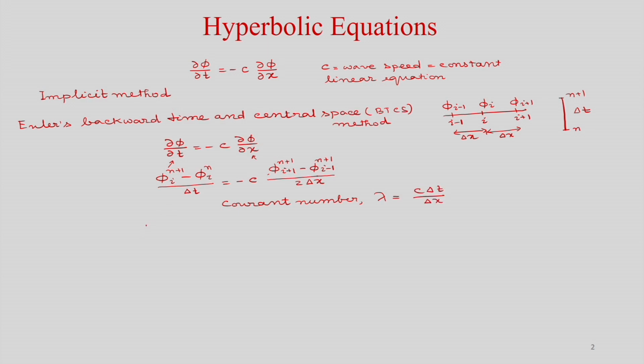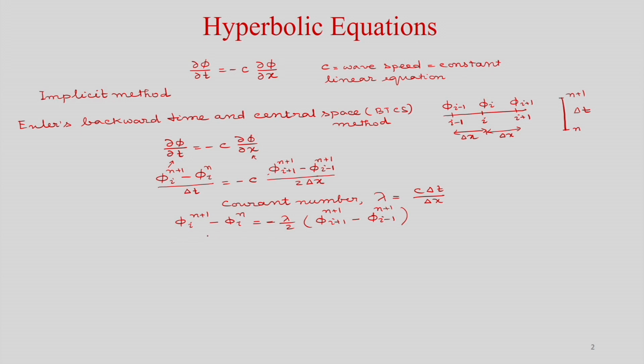So, you can write this equation as phi I n plus 1 minus phi I n is equal to minus lambda by 2 times phi I plus 1 n plus 1 minus phi I minus 1 n plus 1.